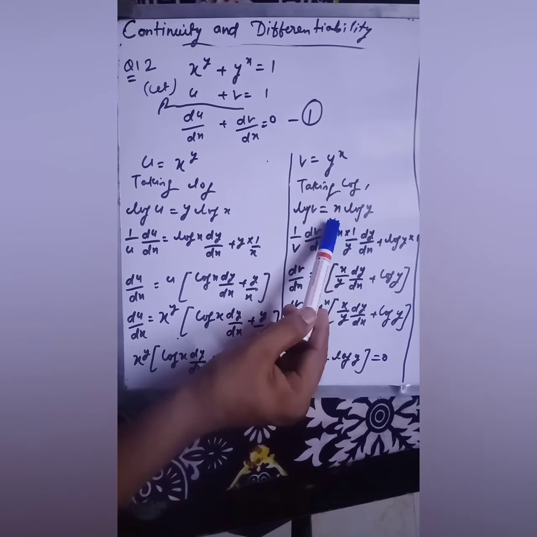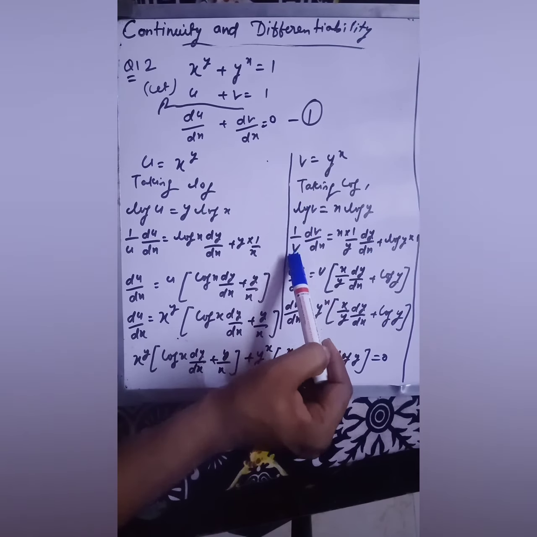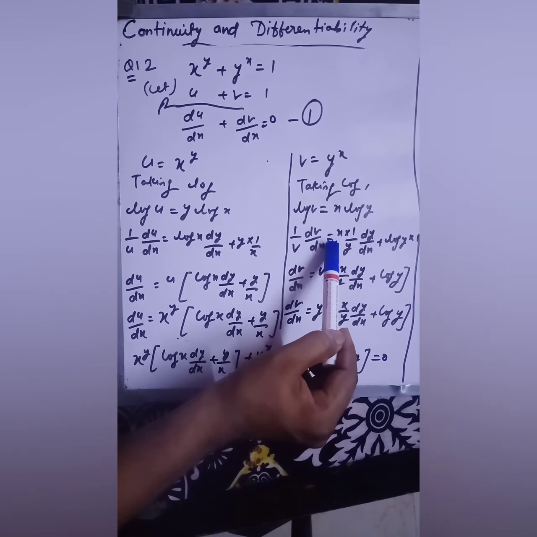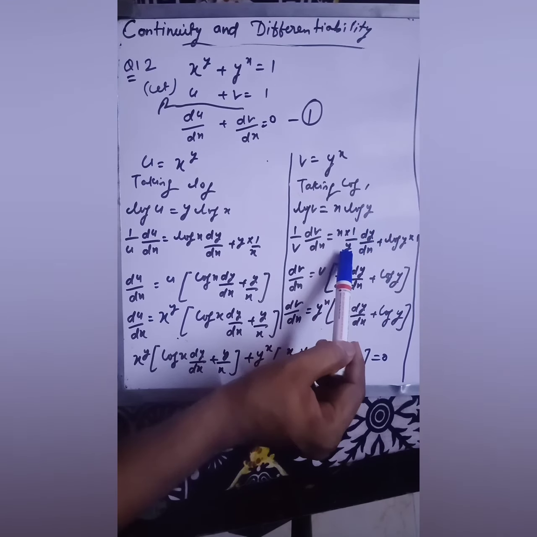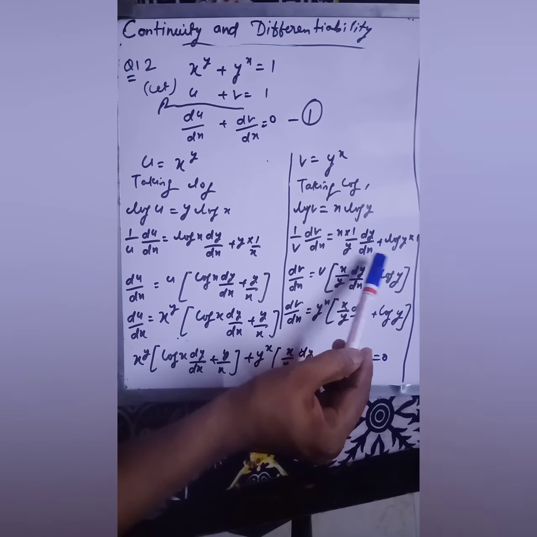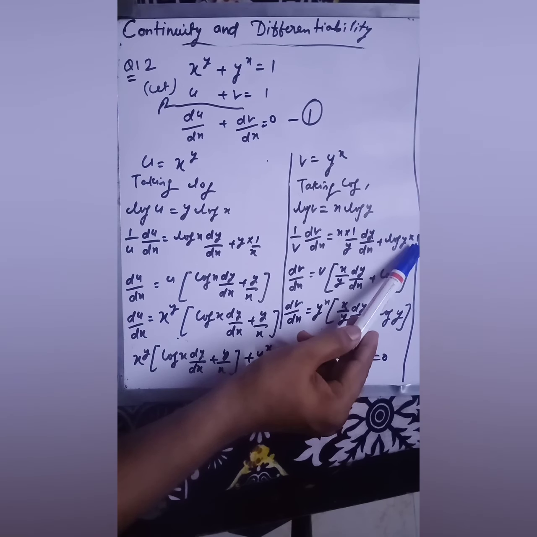Now here we are differentiating both sides with respect to x, so it will be 1 by v dv by dx is equals to, this x will remain the same, and derivative of log y will be 1 by y, and then derivative of y will be dy by dx, plus this log y will remain the same, and derivative of x will be 1.